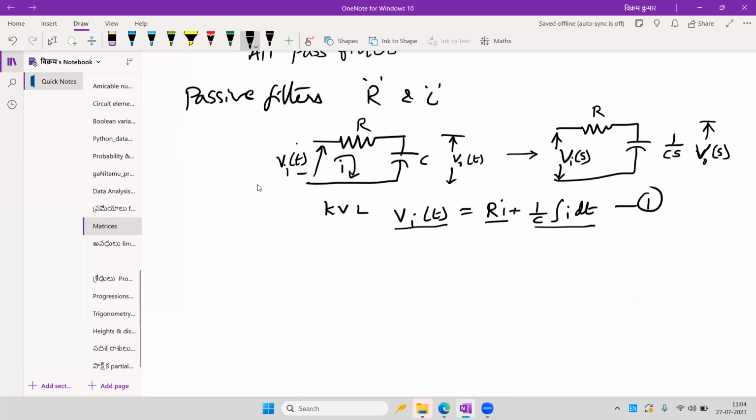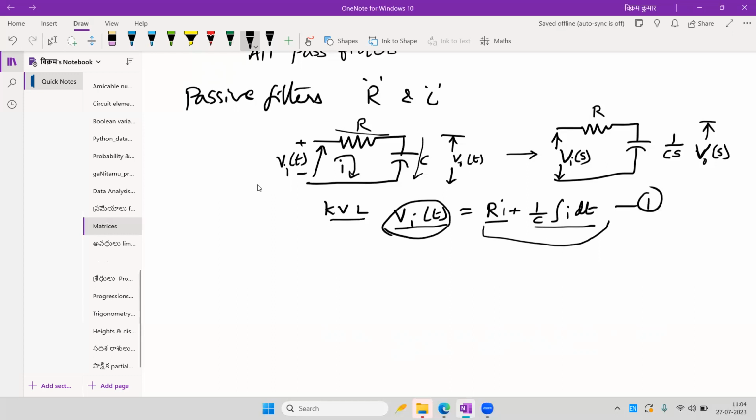So this voltage rise is equal to the voltage drop here plus the voltage drop here, at one particular instant. If you consider the whole loop, total rise should be equal to total drop. Total rise in the voltage should be equal to total drop in that same loop. So that is Kirchhoff's voltage law.